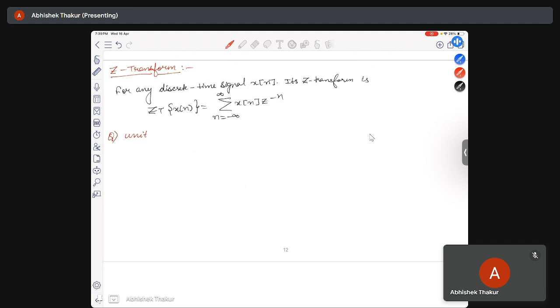The unit step response of the system described by the difference equation y(n) plus y(n minus 1) equal to x(n) is?